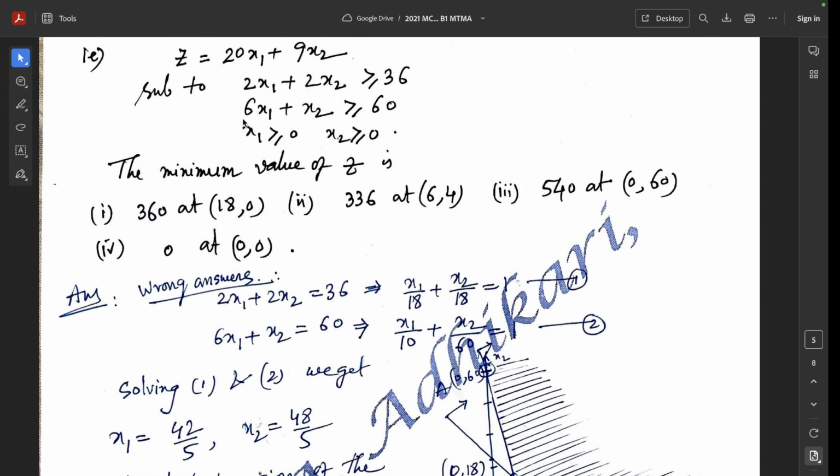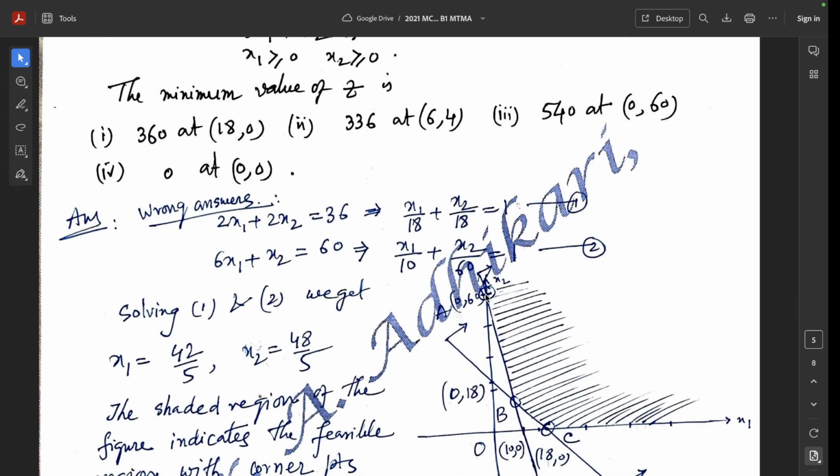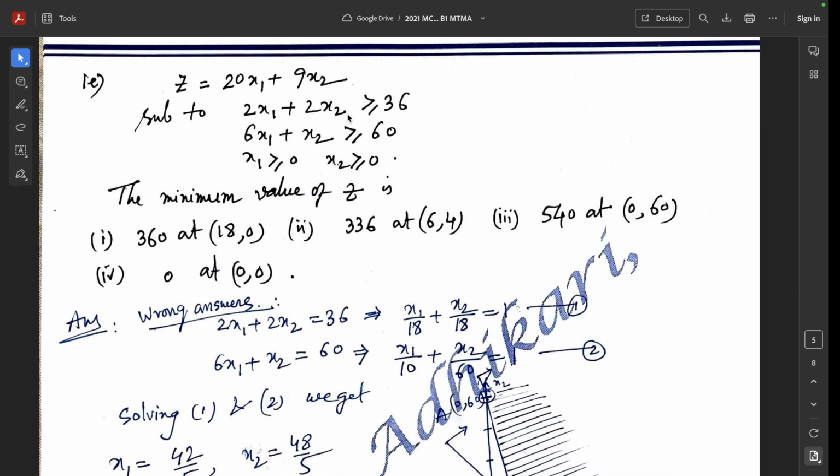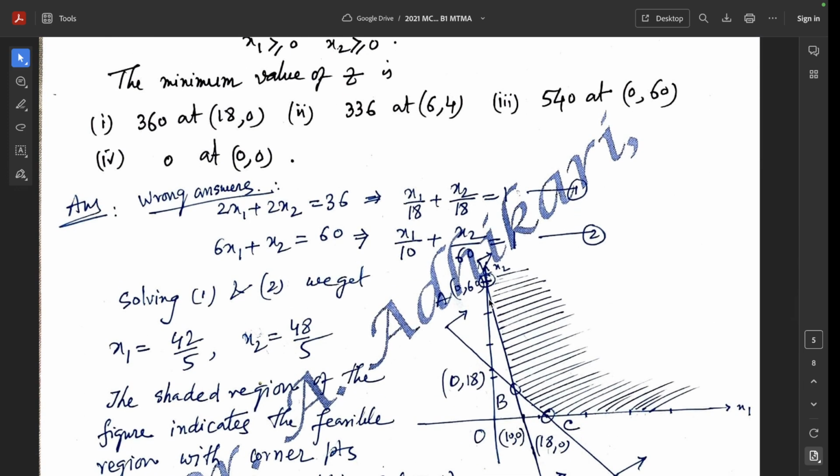And for the straight line 6x1 plus x2 equal to 60, so x1 by 10 plus x2 by 60 equal to 1, this line also is a greater than or equal to inequality, so the region is opposite to the origin of the straight line.